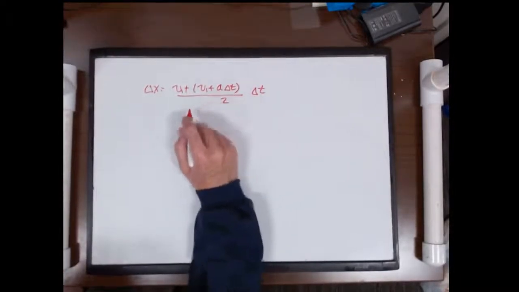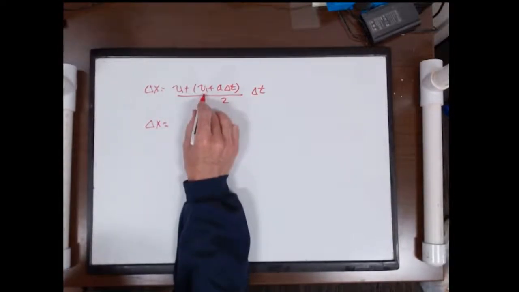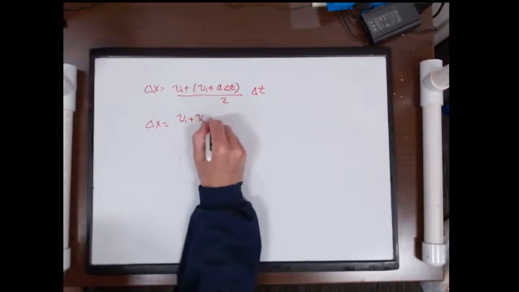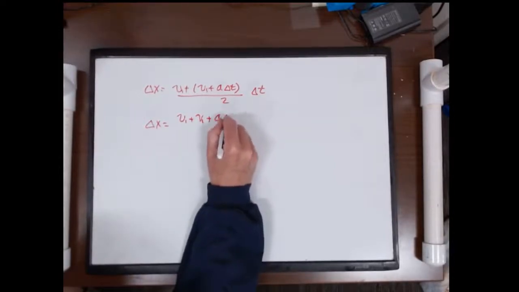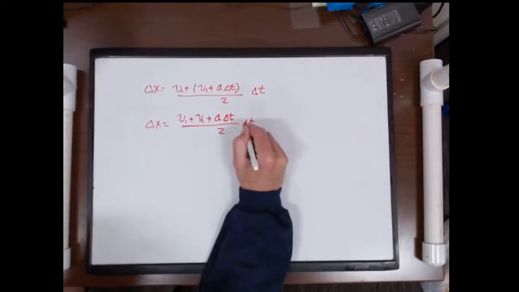I can first just look at the numerator. I can say delta x is equal to, so that's just v1 plus v1 plus the acceleration times the change in time, all over 2 times the change in time.